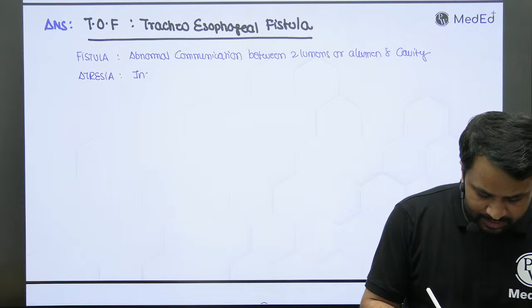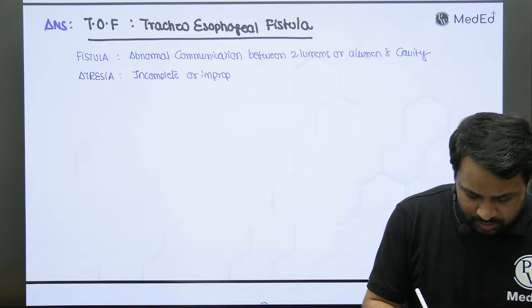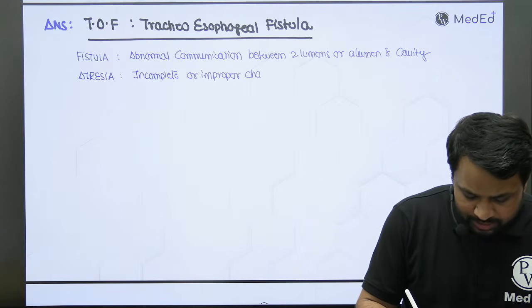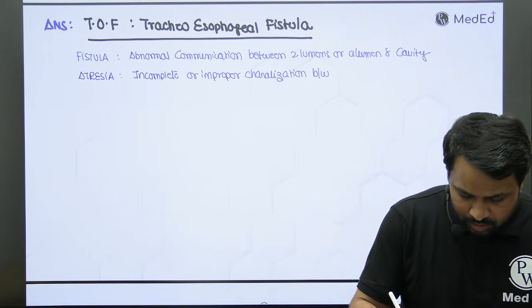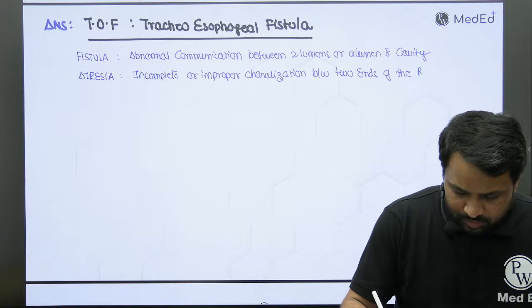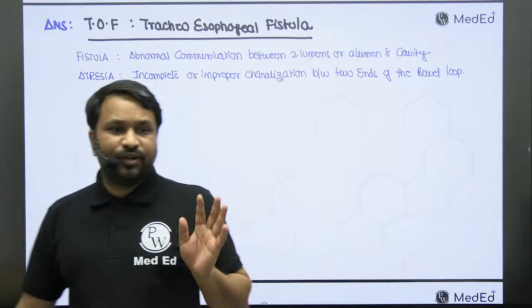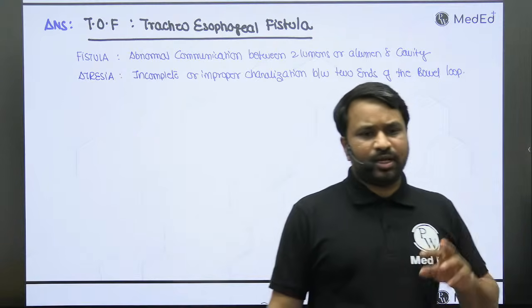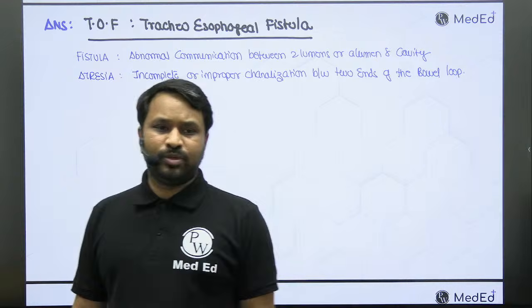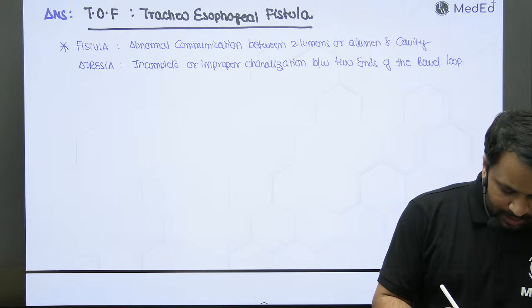Atresia is defined as incomplete or improper channelization between two ends of a bowel loop, right? So first of all, what is the definition? Fistula is an abnormal communication between two lumens or a lumen and a cavity. Atresia is an incomplete or improper channelization between two lumens, that is, two ends of the bowel loops. That's it. Okay? Now, these are your definitions of the fistula as well as atresia.